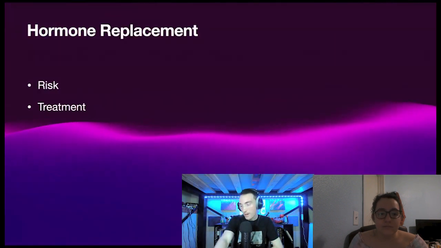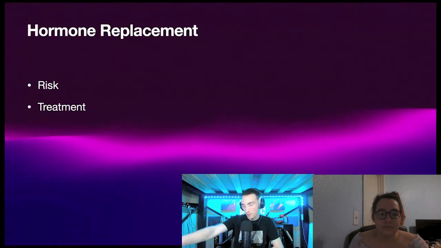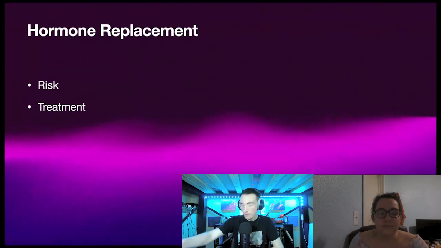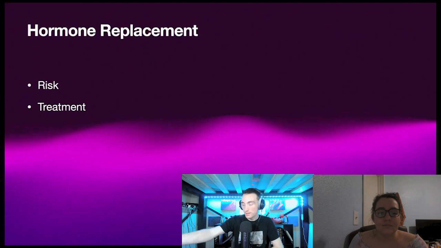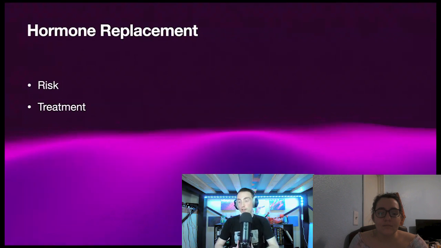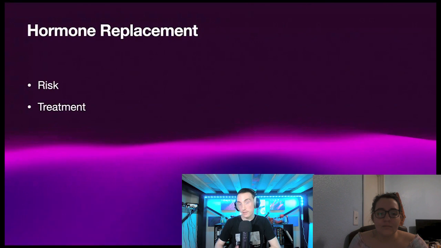And then we'll talk about hormone replacement and specifically postmenopausal hormone replacement therapy. So we're going to talk about risk, and the risk for ischemic stroke doubles in women after menopause. And use of hormone therapy increases relative risk of ischemic stroke.